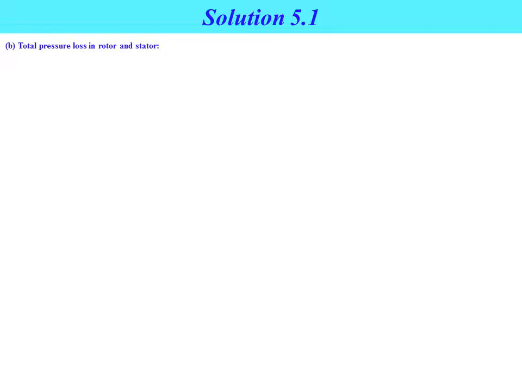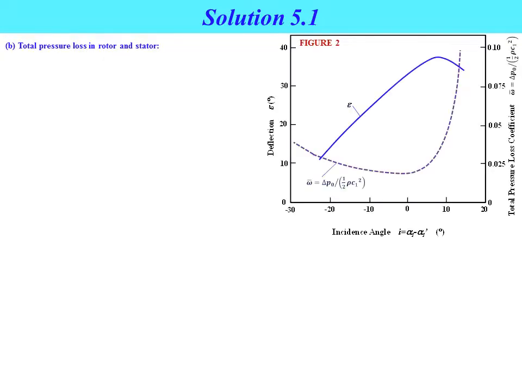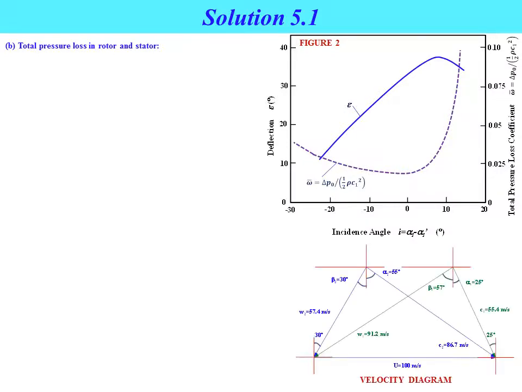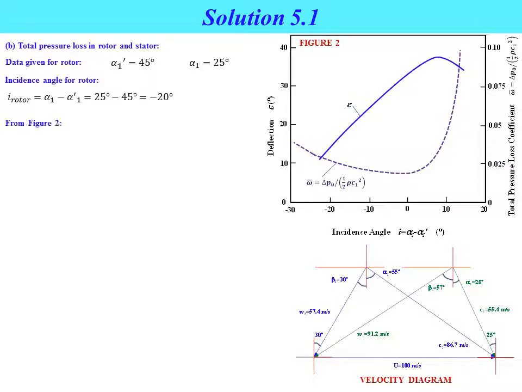Okay, for total pressure loss in rotor and stator, we need to refer to figure 2 that represents the graph obtained by Howell 1942. And also we need to refer to the velocity diagram at the inlet of the rotor and at the inlet of the stator. Data given for the rotor: alpha 1 prime equal to 45 degree, alpha 1 equal to 25 degree, and from the values we can determine the incident angle for the rotor. I rotor equal to negative 20 degree.